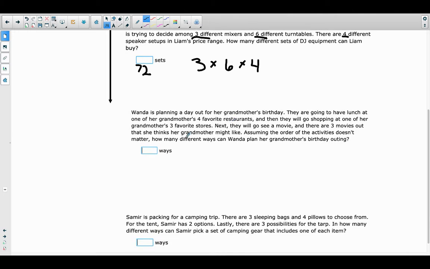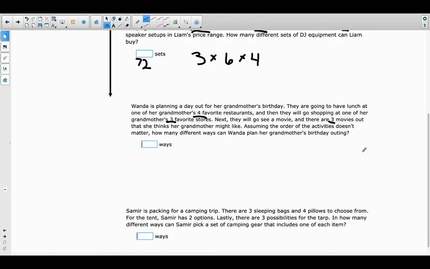Someone is planning a day out for her grandmother's birthday. They're going to have lunch at one of our 4 favorite restaurants. Then they're going to go shopping at one of our 3 favorite stores. Then they're going to go to a movie. There are 3 movies out that you think grandma might like. So, how many different activities can they do?